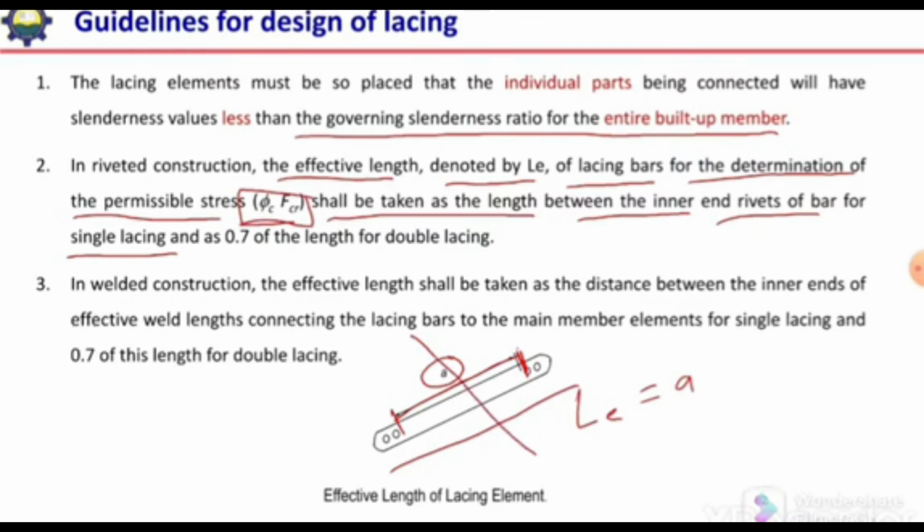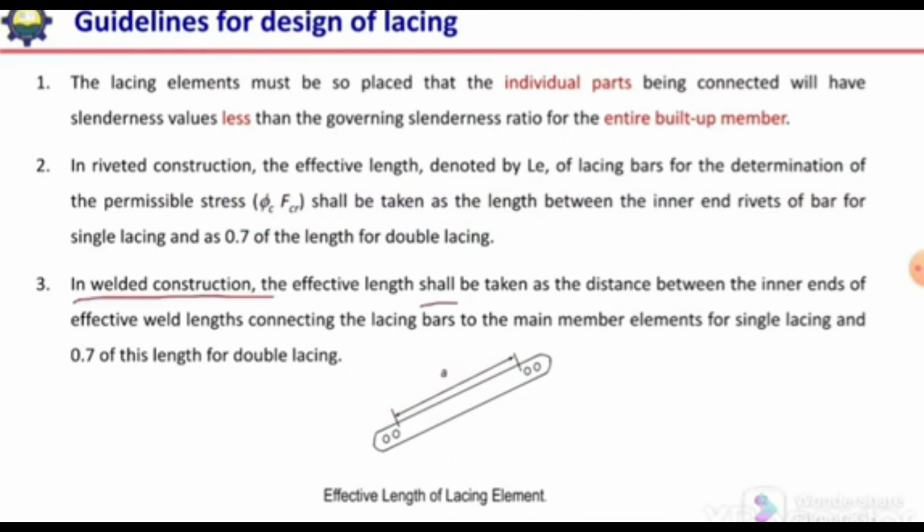But if we are using double lacing, meaning lacing in the cross shape, then LE will be equal to 0.7 A.